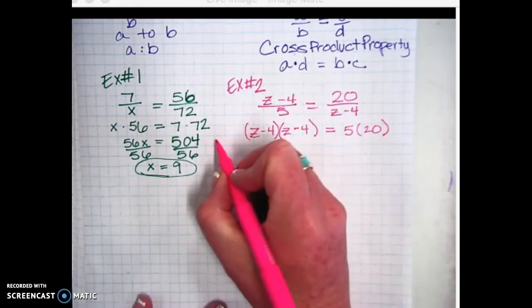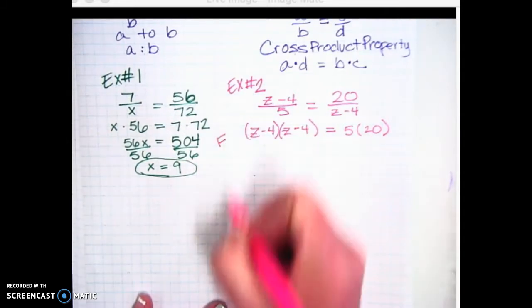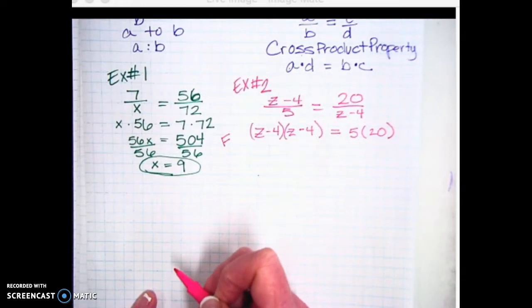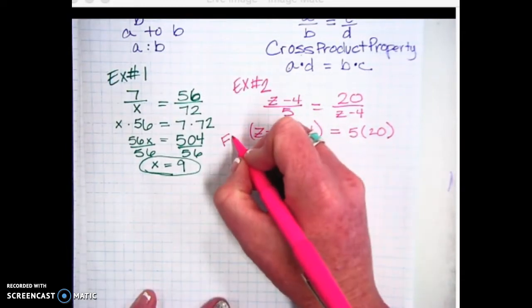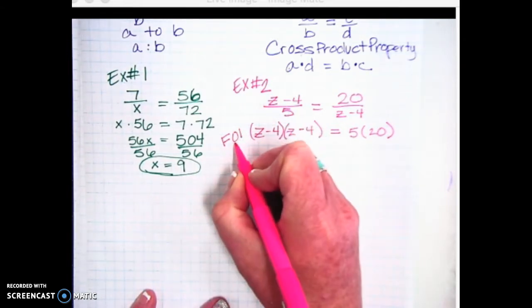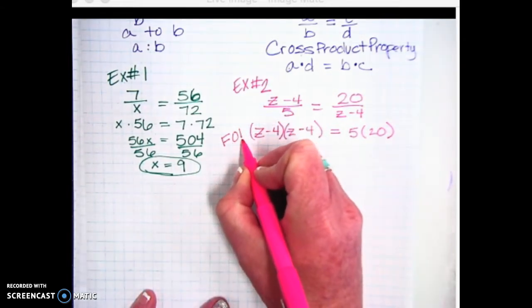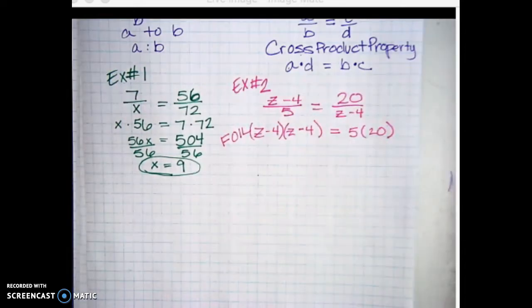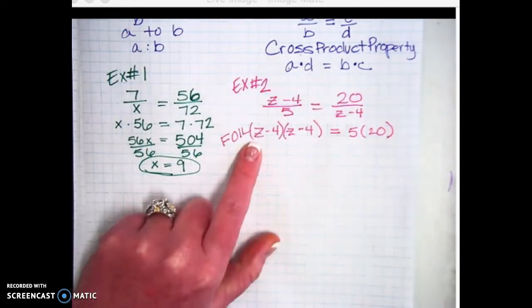Anybody know it starts with F? F stands for first. No? Who said? Yes, FOIL. So you're going to FOIL. F stands for first, O stands for outside, I stands for inside, and L stands for last. Okay, so you have to multiply 4 times. That's double distributive.